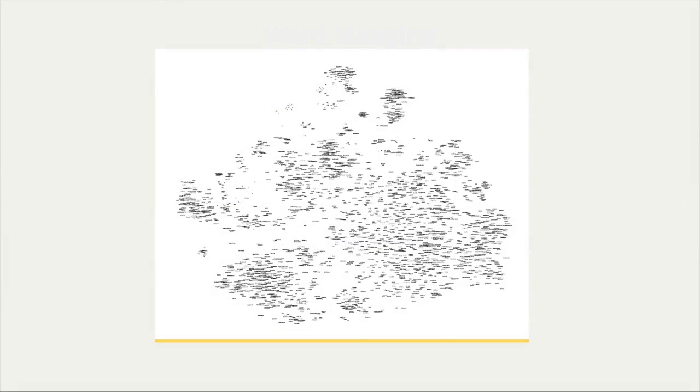This is the basic concept of this word vector, or this is called word2vec. This is very difficult to read, but if you look closely at the screen, you will see that every point in this two-dimensional space corresponds to a word, and the words are actually written here. If you look closely, you will see that words that are nearby each other are related, and words that are far apart are not related.